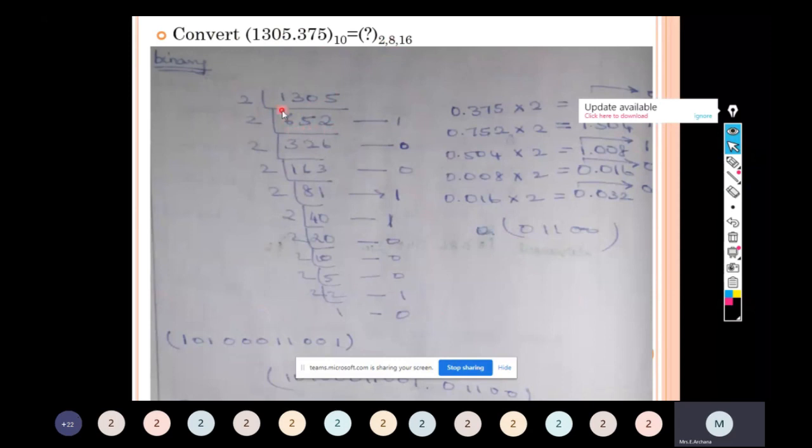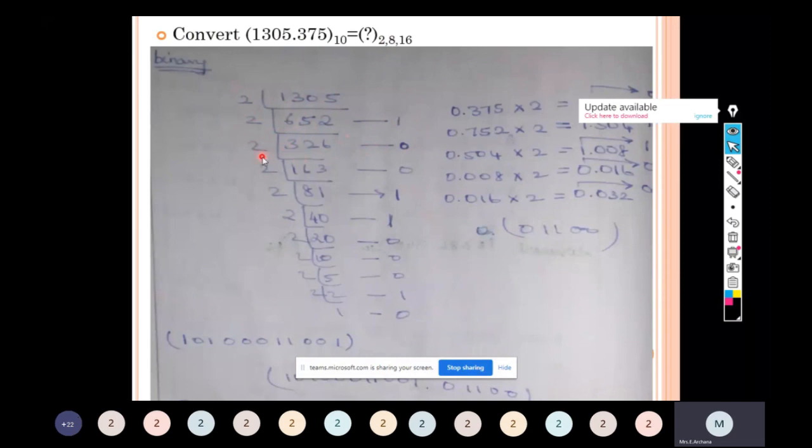There is no remainder, 2 2s are 4. So 652 into 2 will be 1304. So the remainder will be 1. Next, again it is divided by 2. 326 into 2 will be 652. So the remainder will be 0.